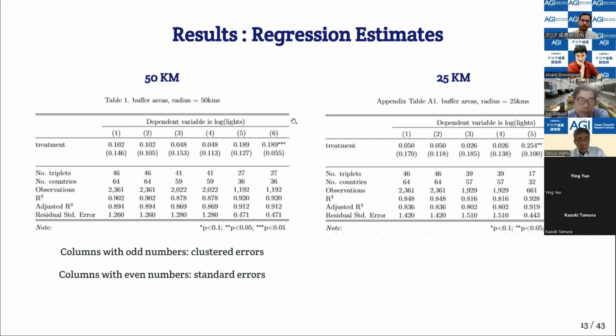And here you can see that when I have a radius of 50 kilometers, you start to find the significance in that coefficient. And here we have the number of triplets as 27 and 36 countries. However, if you change that radius, it's going to slightly change, and that makes sense because then we will have to control for other variables.